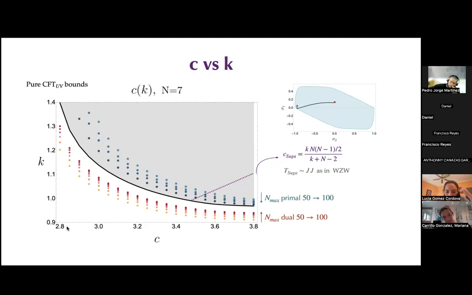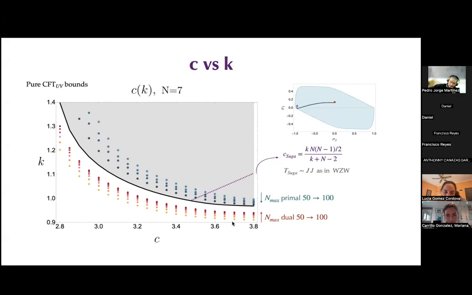If you remember, I said the minimum C is around 2 point something, and the minimum K is close to 1. So as you go from this minimum C, which was sitting here in the monolith, towards the minimum K, here you do this inside.